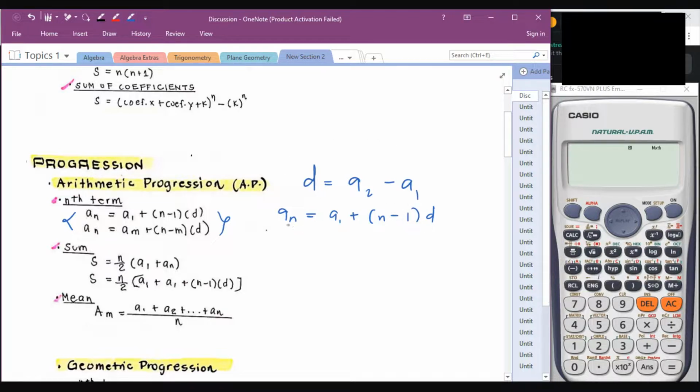Now, what if the given is not the first term? Then you can use this general formula.